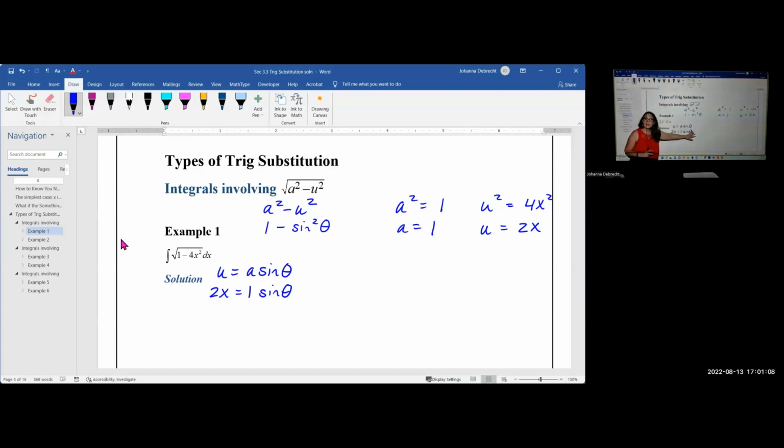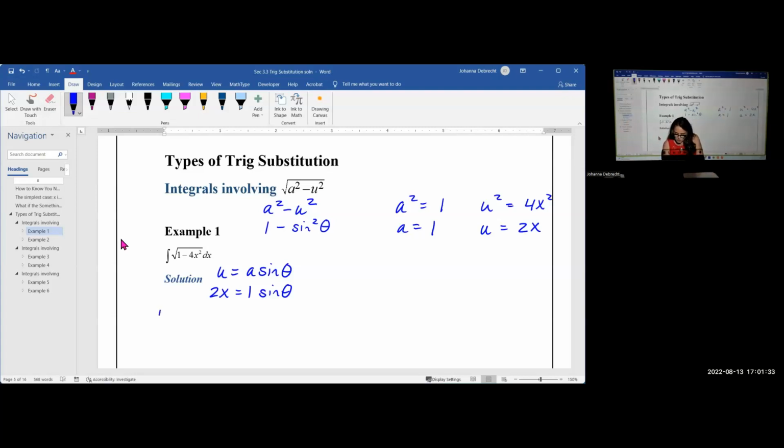This is our basic substitution expression that we're basing this on. So 2x equals sine of theta. Now we need to do 2 things. We need to rebuild the original integrand, but in terms of theta instead of x. And we need to switch the differential from dx to d theta. So we'll do these in 2 parts.